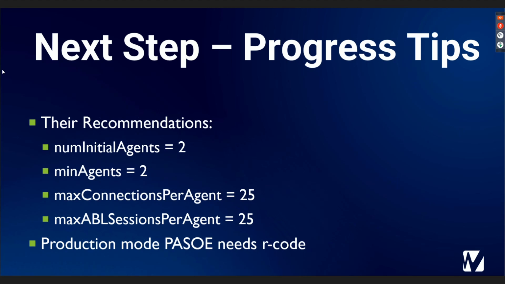So their recommendation for some of the parameters was initial agents 2, minimum agents 2, maximum connections per agent 25 at least, and if there is high usage, then you can make it even higher, let's say 35. And the maximum available sessions per agent should be at least the same as maximum connections per agent.